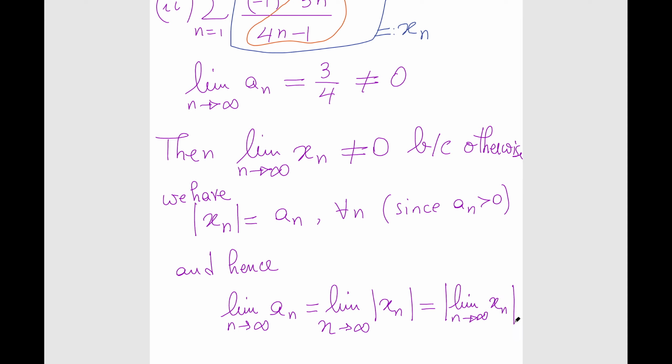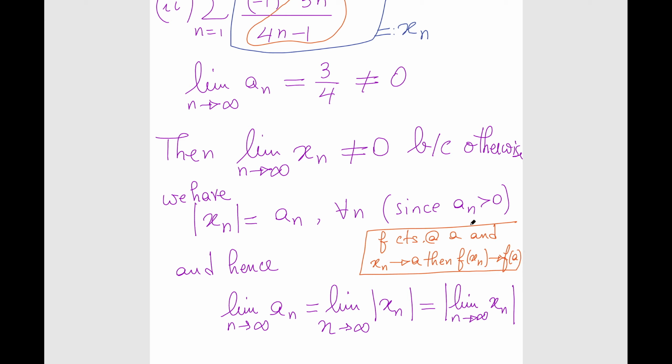Because the absolute value function is continuous. Remember this property? Which property I'm referring to? Remember the property that if you have a function that's continuous at a number a, and xn converges to a, then the image of the sequence is also going to converge to the image of the limit, right?